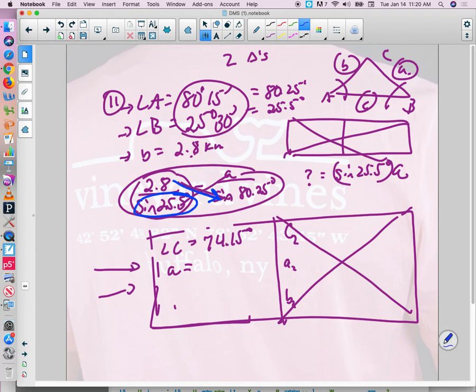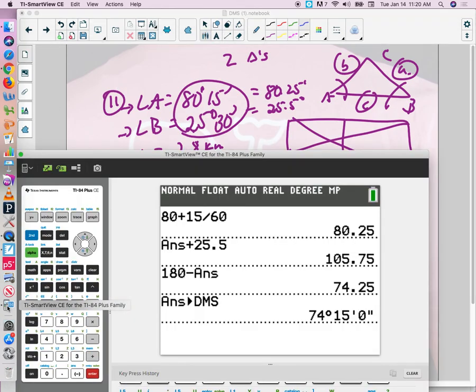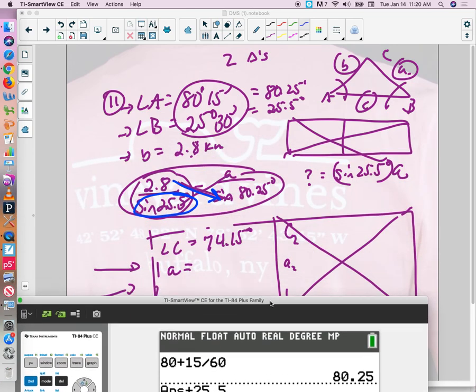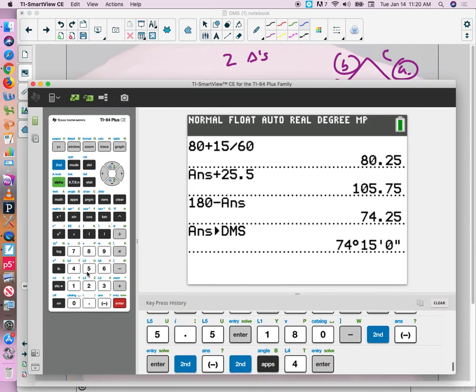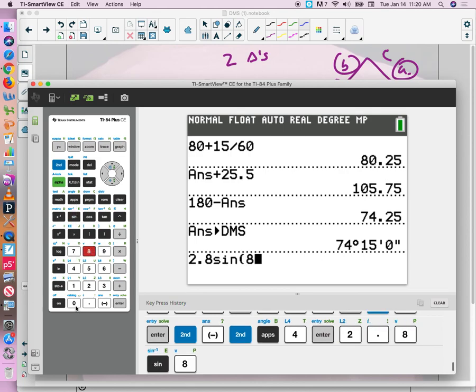You're bright enough to do the algebra however slowly or fast you want to do it, but be careful that you know what you're doing, okay? All right, so on the calculator, I am going to multiply 2.8 times the sine of 80.25.